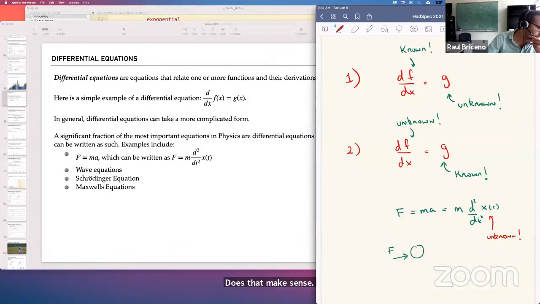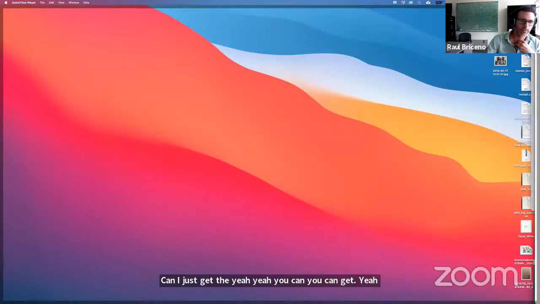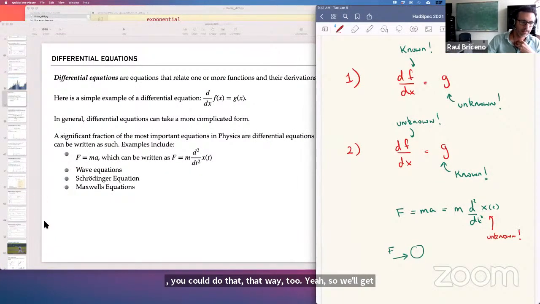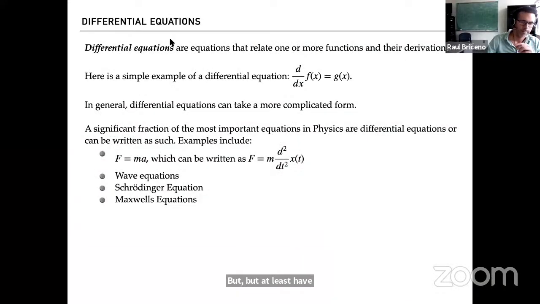If you're finding the original function from the derivative of it, couldn't you just think about it as an integral of the derivative? You mean, can I just get the, yeah, you could do that way too. Yeah, so we'll get to talk about integrals. I don't want to jump ahead. But at least hopefully everybody understands this task, right?